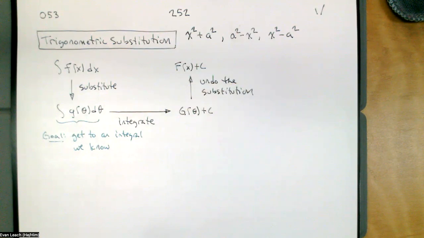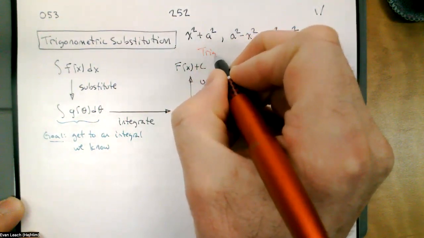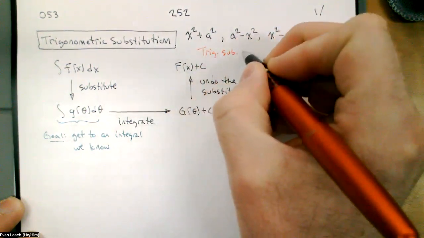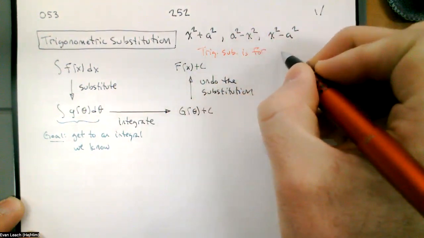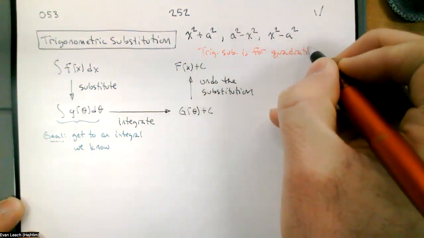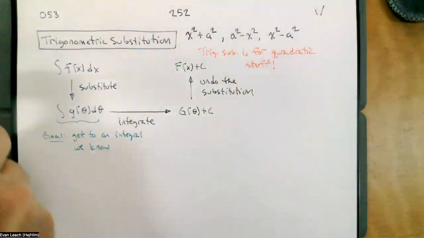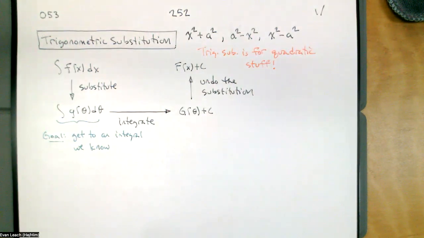We can always get to this form if we want to. So the key thing here is we're looking for quadratic forms. Trigonometric substitution is for integrating when there's quadratic stuff.